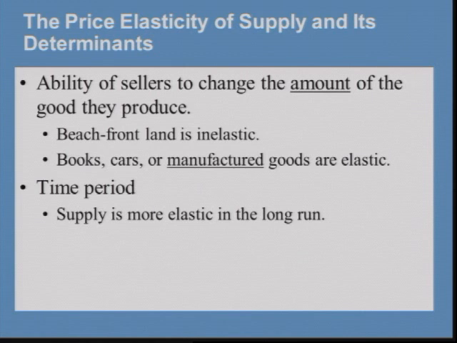So suppliers can either be elastic or inelastic, and there are the extremes of perfectly inelastic and perfectly elastic, but they can be relatively either one as well. But those are some examples.